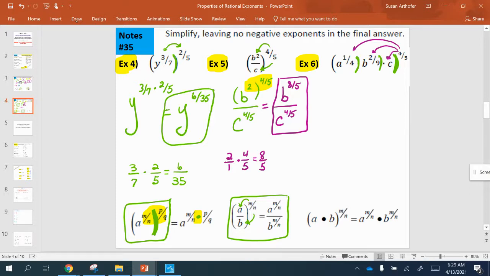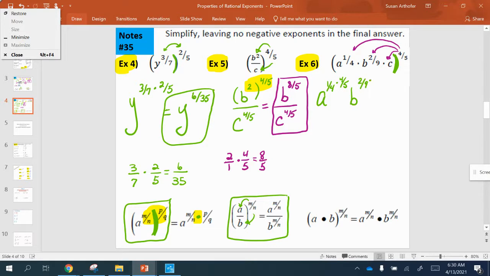So 4/5 times 1/4, 4/5 times 2/9, and then the C, you'll just get the 4/5. So A to the 1/4 times 4/5. B to the 2/9 times 4/5. And then C just to the 4/5. So we have to do that multiply.